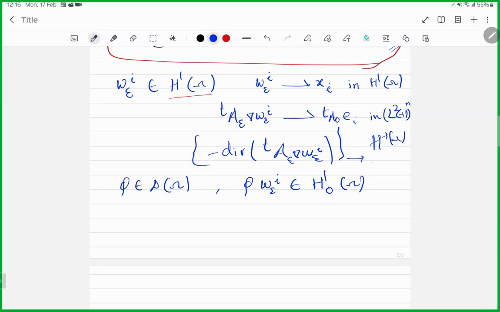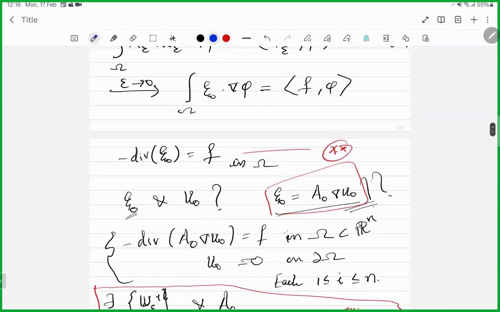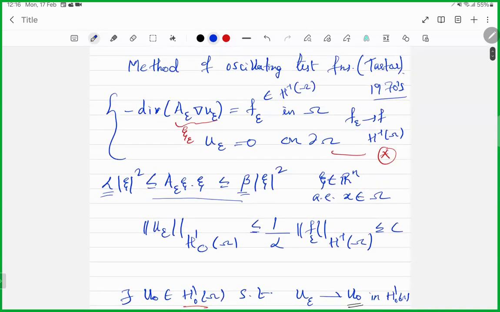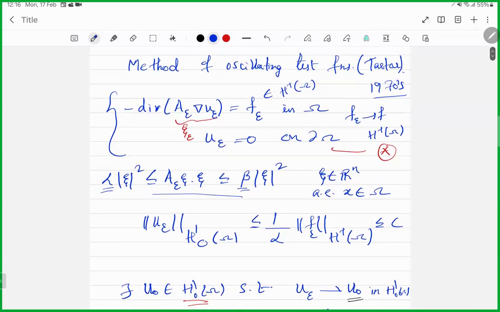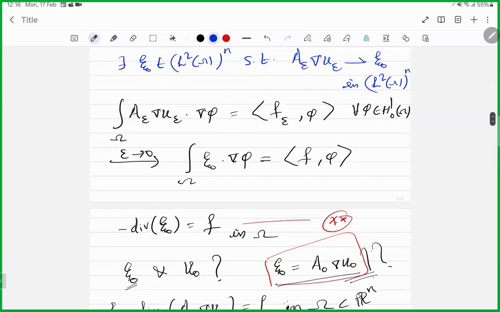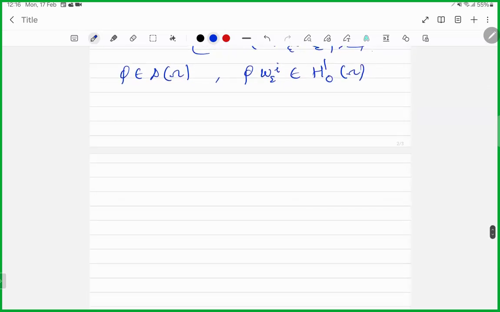Now you use this as a test function in the original equation here, in this star. I use phi W epsilon I as a test function in star. So what do we get? I should get f epsilon grad phi W epsilon I.